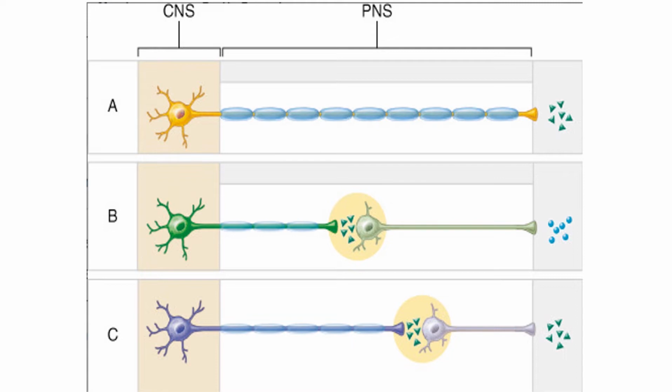Now this is the sympathetic type of circuits. If you go to C, you can find that the first neuron sends an axon that runs for a longer distance to meet a ganglion, and the ganglion will send an axon, short one, near the target organ.